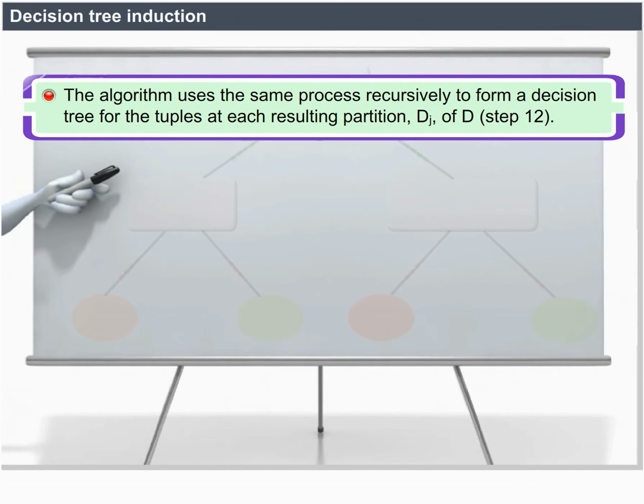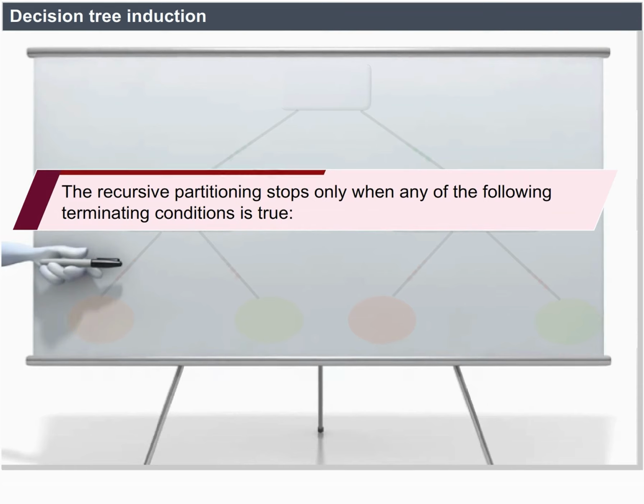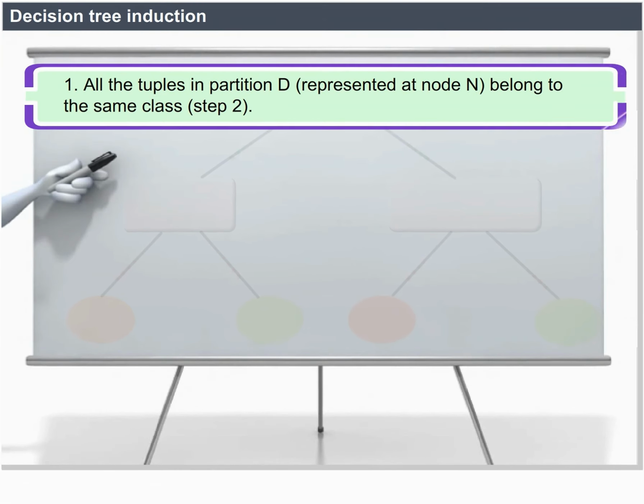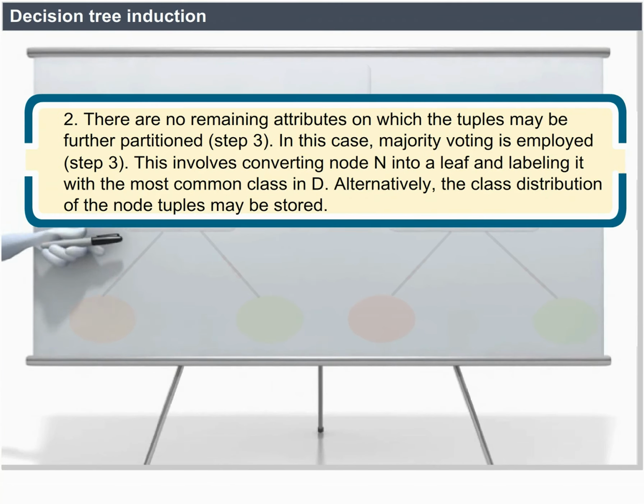The recursive partitioning stops only when any of the following terminating conditions is true. All the tuples in partition D, represented at node N, belong to the same class. There are no remaining attributes on which the tuples may be further partitioned. In this case, majority voting is employed.